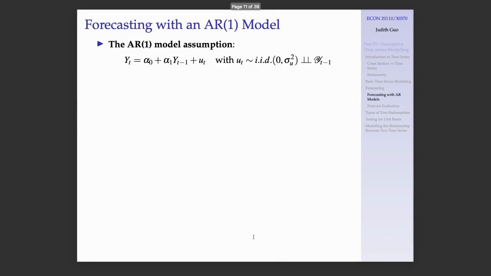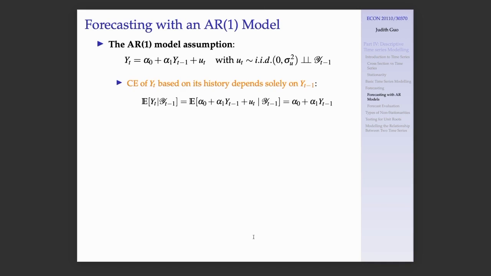Now, bringing it back to our AR model, and remember, the AR1 is a descriptive model, but it comes with assumptions, okay? It's a descriptive model with the assumption that we assume the error term U, the shocks, are IID white noise with mean 0 and variance sigma square U, and that it's independent of all paths of Y, okay? So U_t is independent of all paths Y_{t-1}, Y_{t-2}, all the way back to the infinite past.